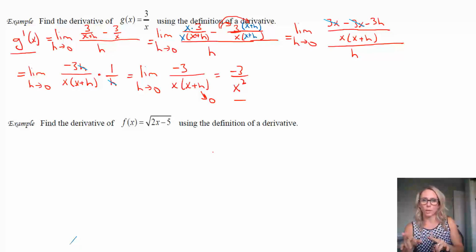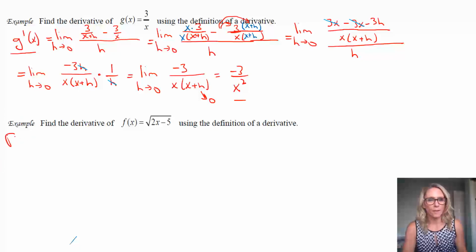So if we know an x value, we could put it into there, and that's going to be the slope of the line that's tangent to that original function at that point. So don't want to forget that. That's the big idea. All right, let's do one more, and then I'll take a break from this video.